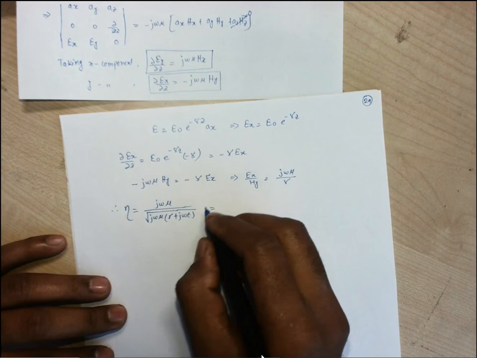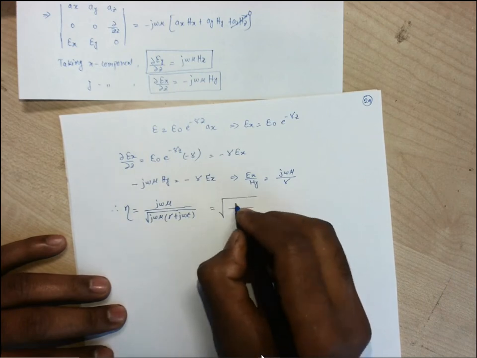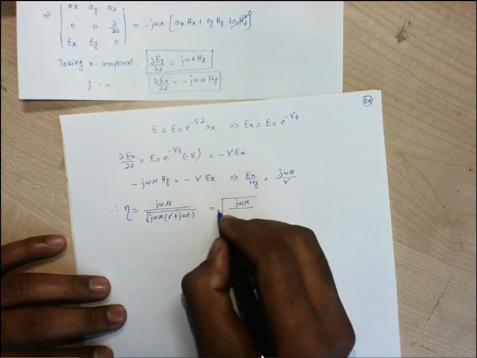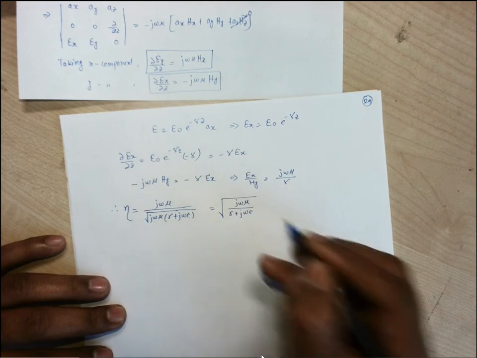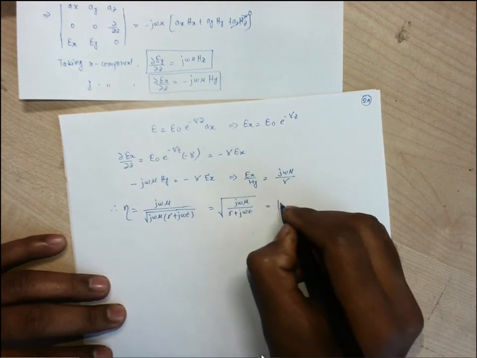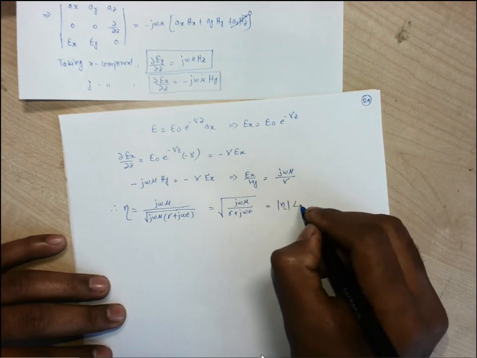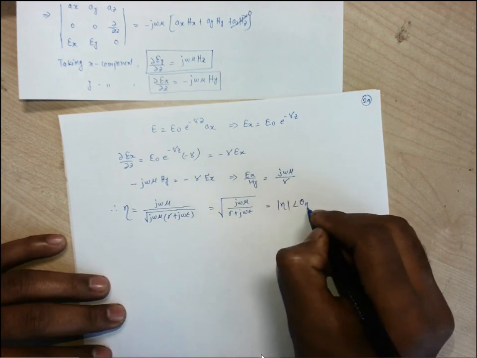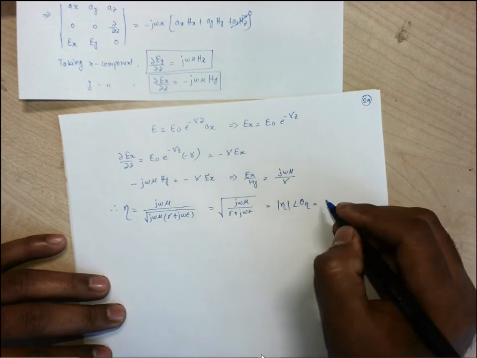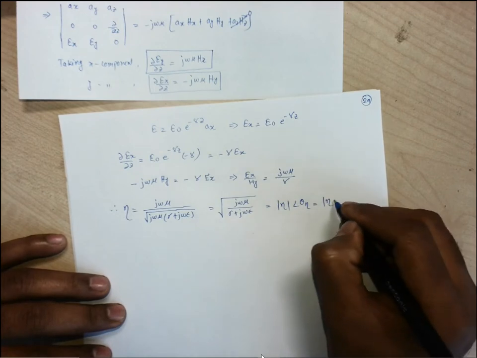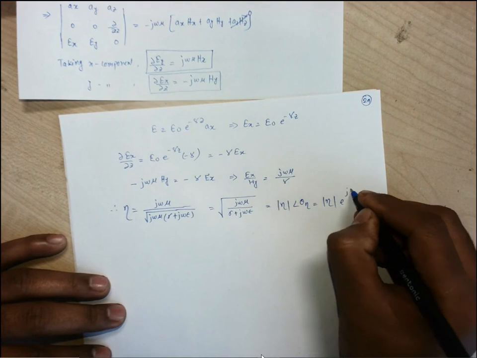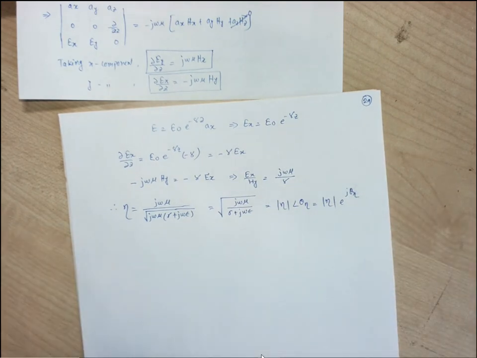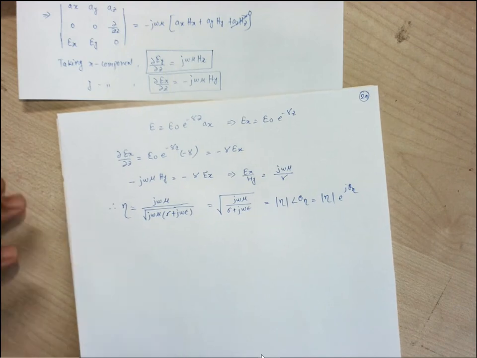It should have a certain amplitude as well as a certain angle, or in the polar form, in the exponent form, we can write like this: e to the power j theta eta. Okay, what is the value of theta eta? We can also find that one.